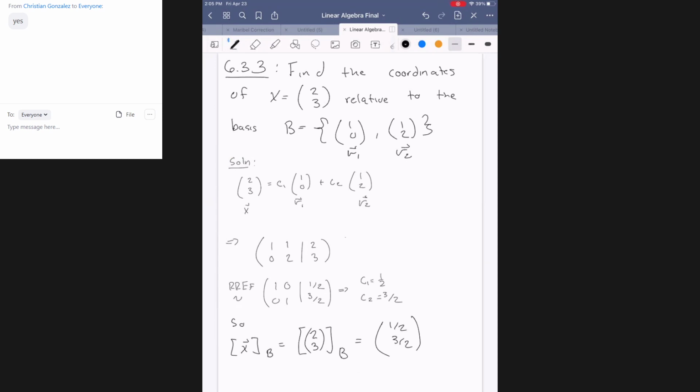Okay, so that's how you find a coordinate change. So now this vector has coordinates 1/2 and 3/2 in the other basis.